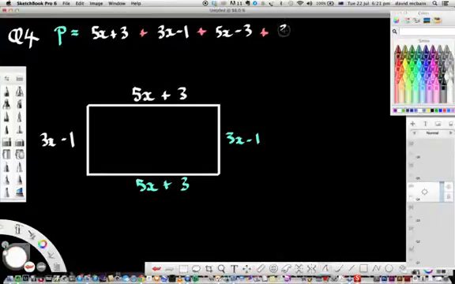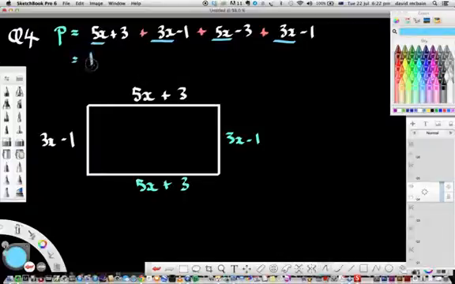So they're the 4 sides added together. And once again, we need to group our terms. I'm going to save a bit of time and a bit of space and not go through the whole grouping process. But just remember, it's going to be 5x plus 3x plus 5x plus 3x. That's going to be 8x plus another 8x, which is 16x. So that will equal 16x.